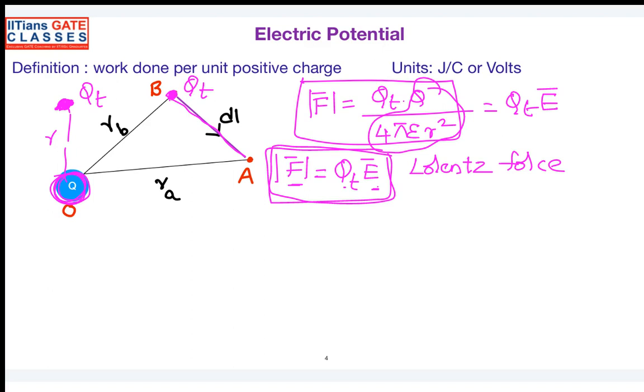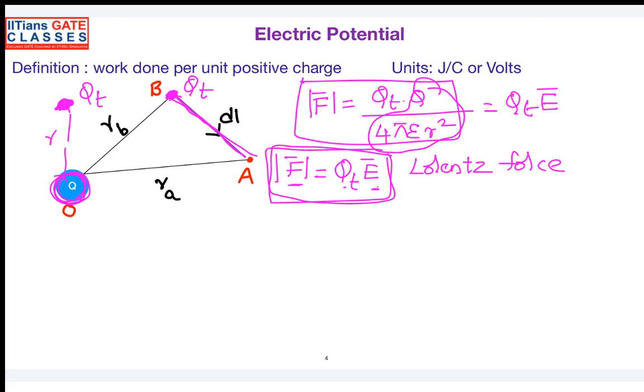Now I want to move from one position to the other. It means I need to do some kind of external work in such a fashion that I am able to nullify the gravitational force. In the same fashion, already there exists some force on the test charge qt, but still you want to move from one point to the other, which means you need to do some amount of external work.